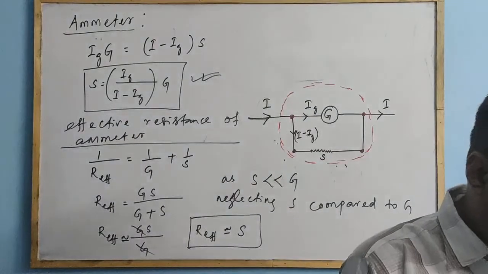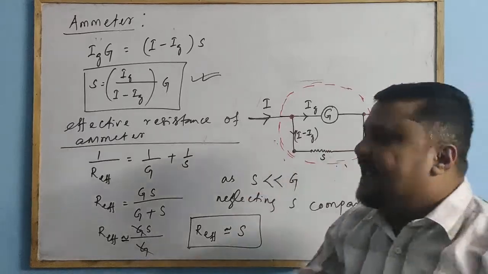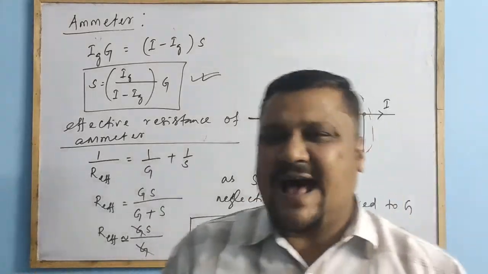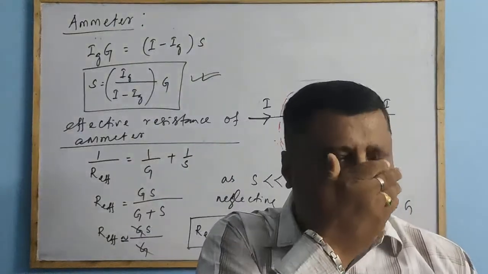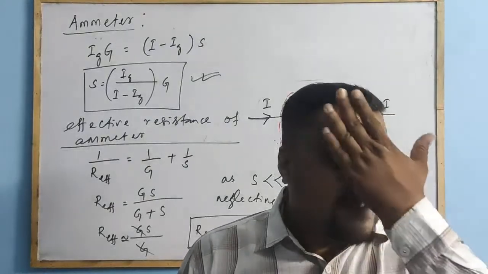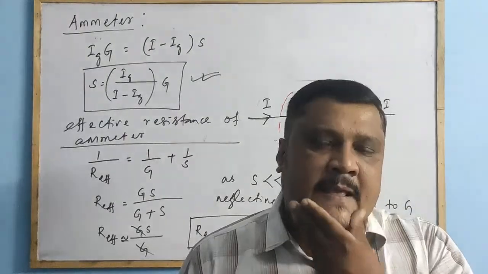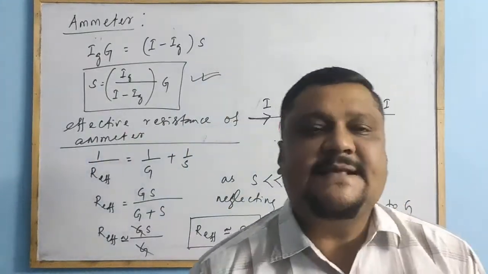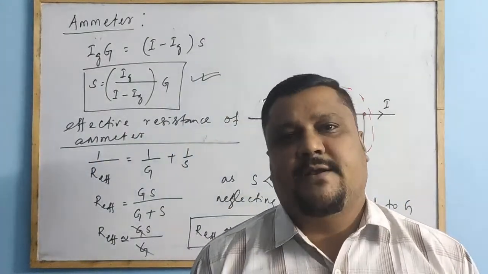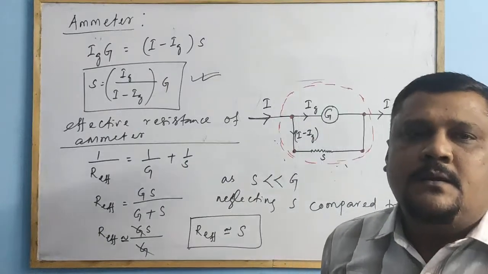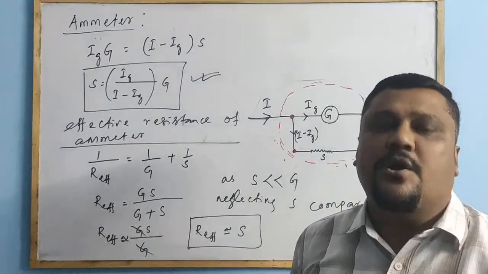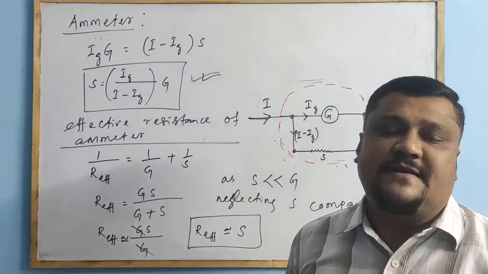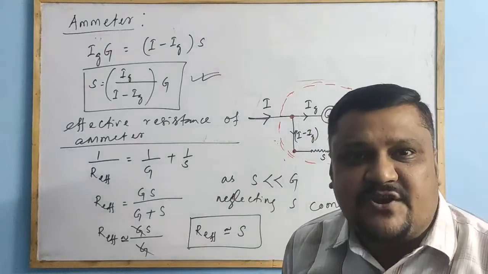So this is the part. And another thing: when we use the ammeter in the electric circuit to measure the current, should the ammeter be connected in series or parallel to the circuit? It should always be connected in series to the circuit.